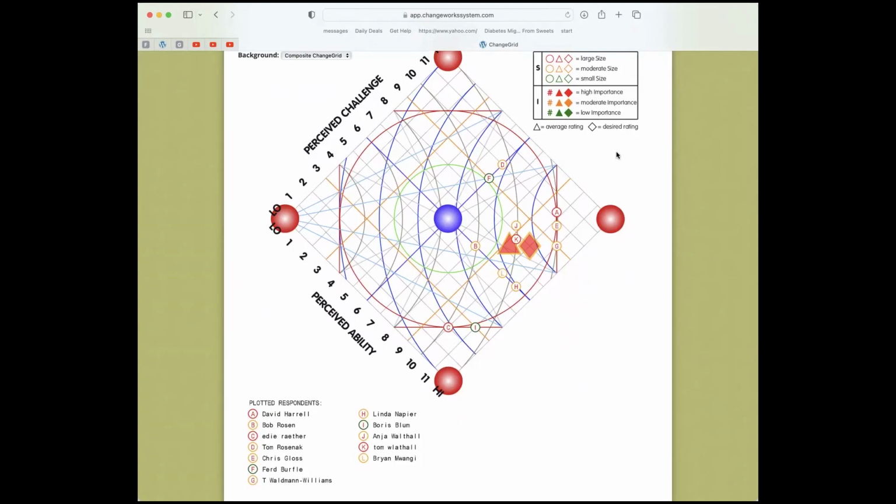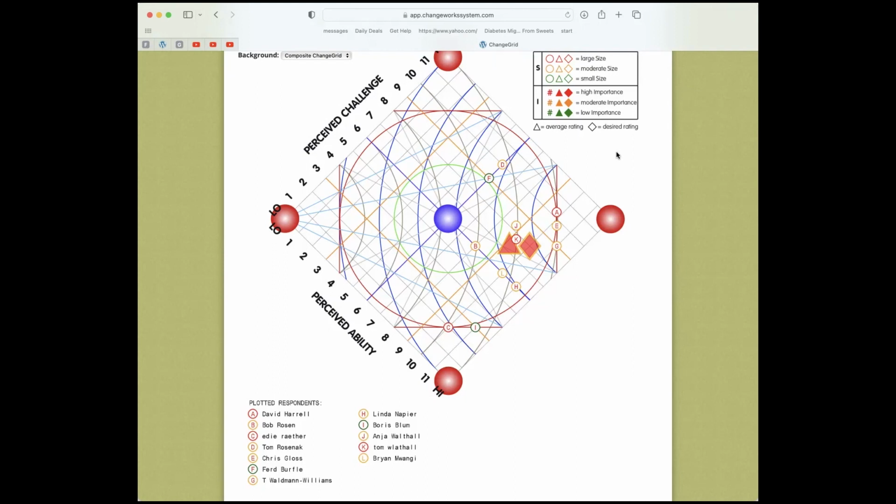If this hasn't come up before, there are two different kinds of change grids we can look at. We can look at an activity grid, which is what we normally do. We look at the activity and how all the respondents are plotting as far as that activity is concerned.